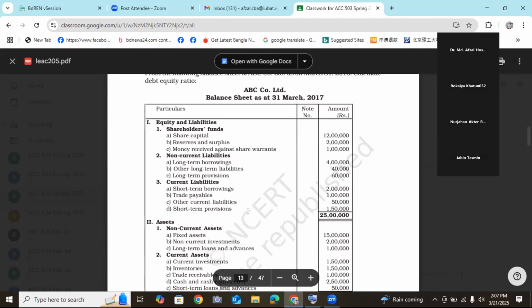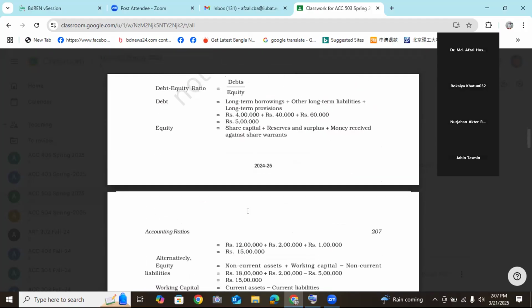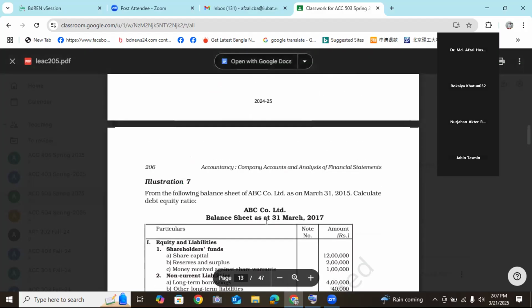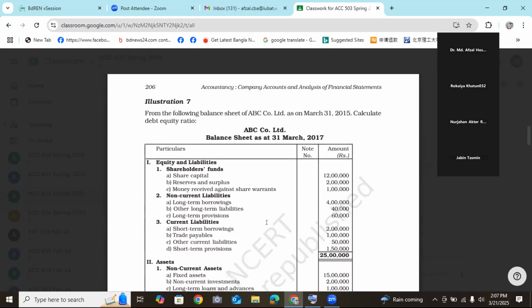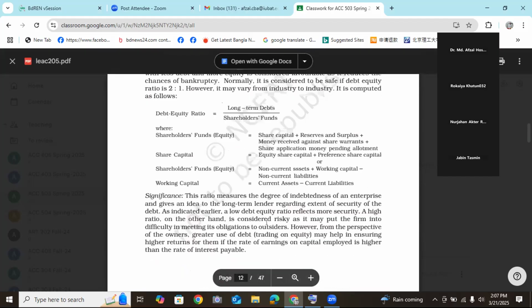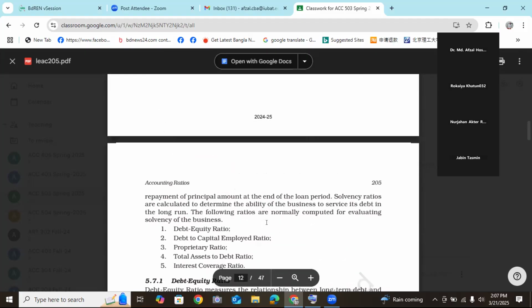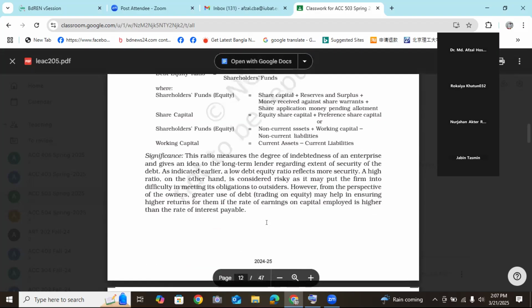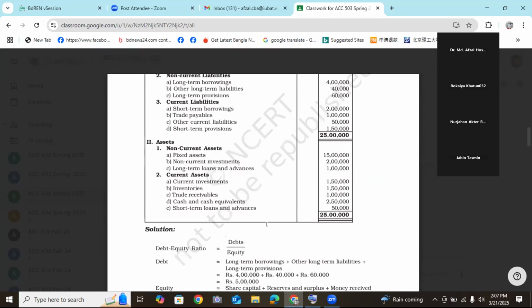Illustration 7 also done, isn't it? Or did you forget it? I remember that I already discussed illustration number 7 also. Is it solvency ratio? Maybe not, sir. Just check your note khata, you can find whether it is solved or not.